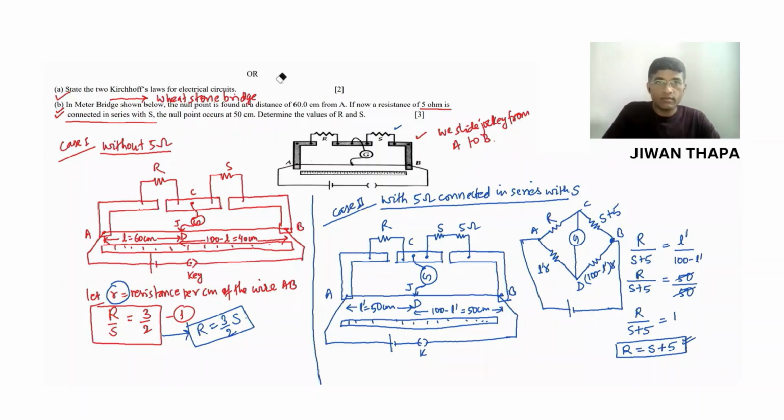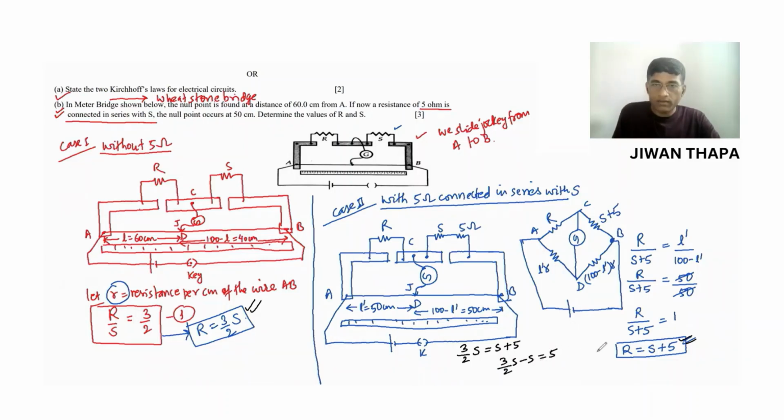From these two equations, R is 3 by 2 S equals S plus 5. So let us simplify it. 3 by 2 S minus S equals 5.